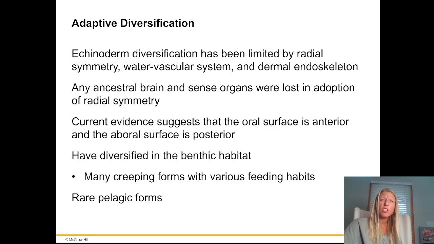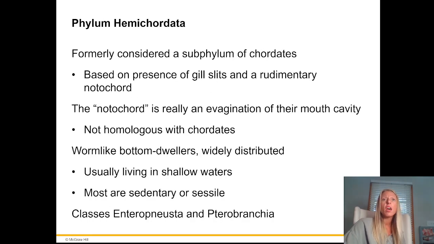So diversification of echinoderms and their adaptations has been limited by that radial symmetry, the water vascular system, and the dermoendoskeleton. And unfortunately, any ancestral brain or sense organs were lost when they adopted that pentaradial symmetry as adults. And many are mostly benthic habitats, so bottom of the ocean, and there are some rare pelagic or free ocean swimming forms.